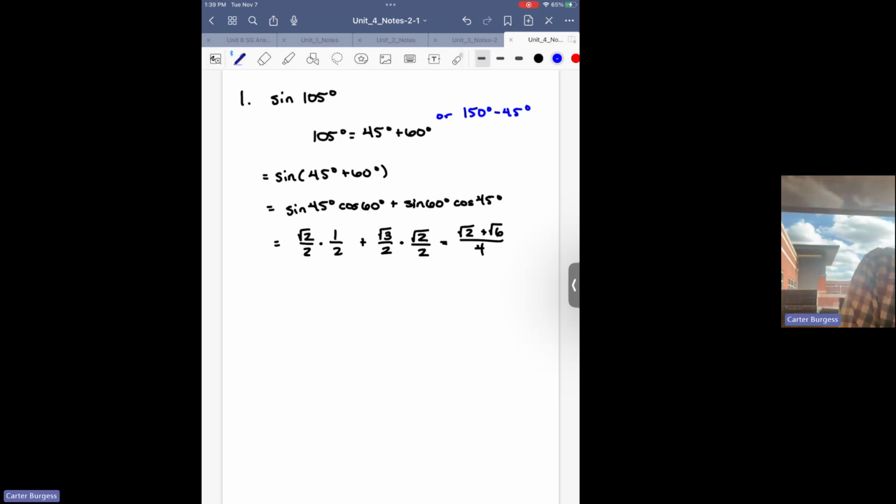All right. Let's take a look at number 2 here. So this was cosine of 165 degrees. What was a decomposition that we used here? I like 120 plus 45. Did anyone use anything else?